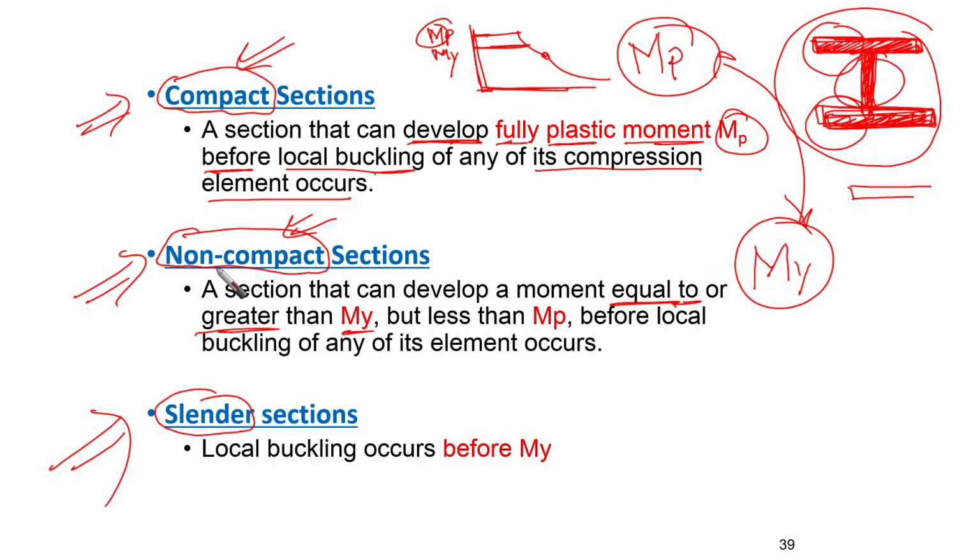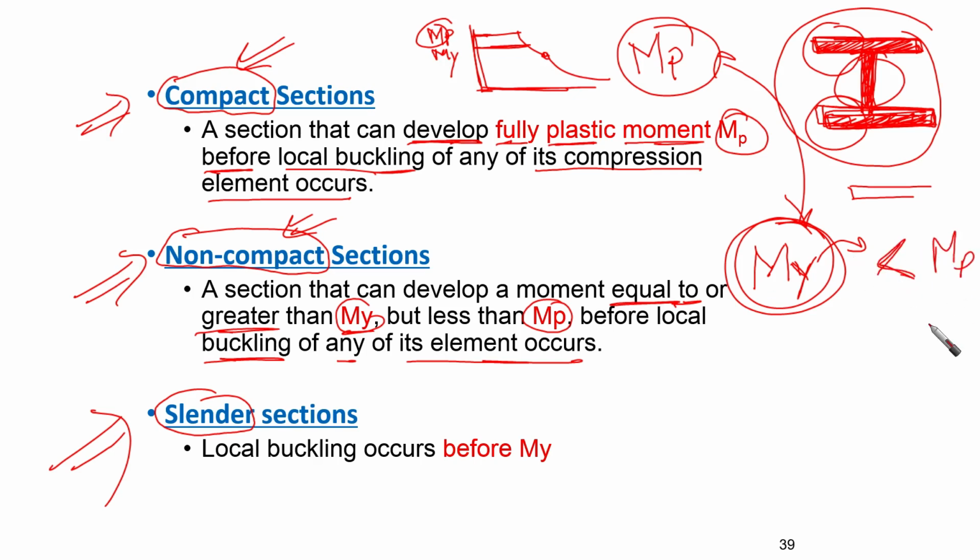However, in case of non-compact, the section can develop a moment equal to or greater than M yield, but less than MP, before local buckling of any of its elements occurs. So part of the section is going to provide for us M yield, and maybe a little bit in excess, more than M yield, but always less than MP.